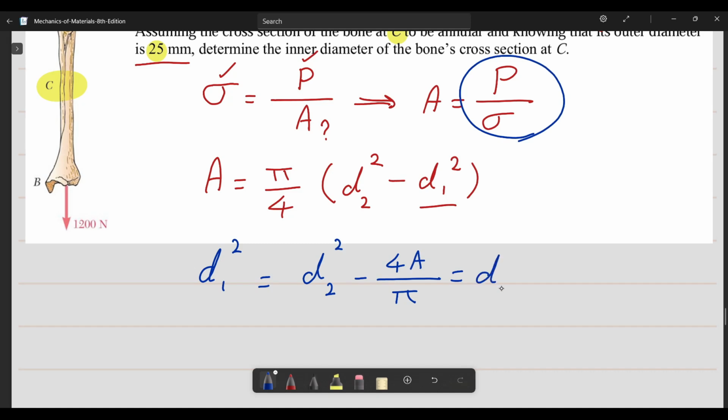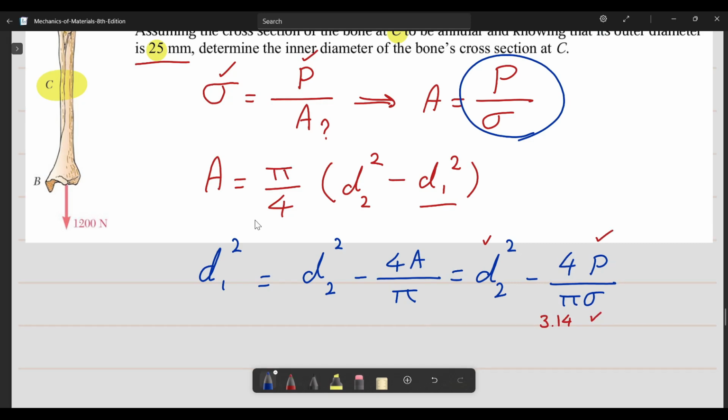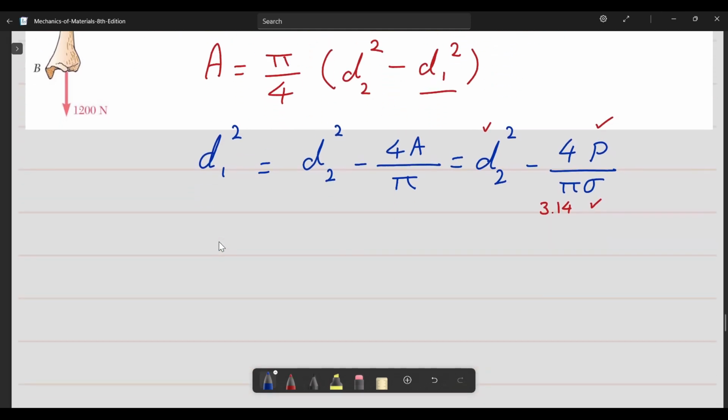It means D2 squared minus 4P divided by pi sigma. And now we have D2, load, stress, and pi, we know that it's 3.14. Now we place the numbers in the formula.